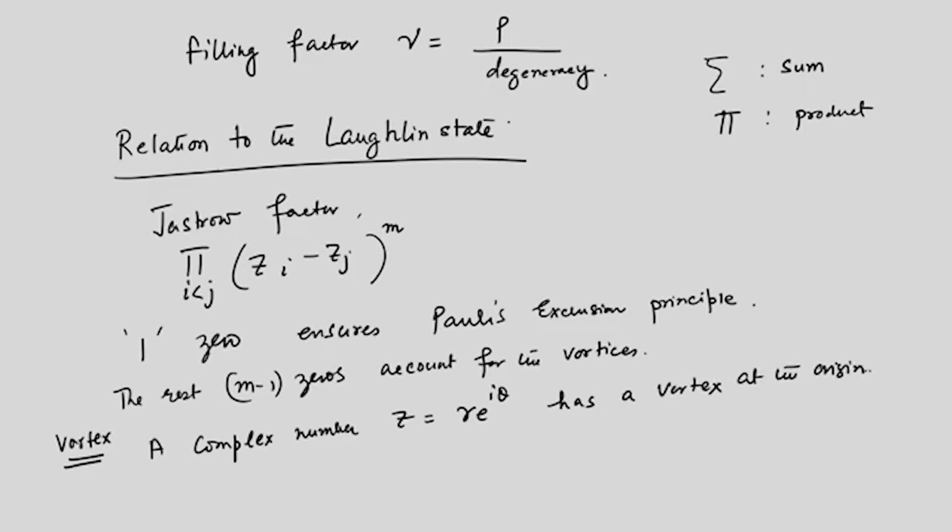Okay. So, this means that if a particle encircles this origin, it picks up a phase of 2 pi, so that theta changes from theta to theta plus 2 pi, and the complex number remains unchanged, because exponential of 2 pi i is equal to 1. Okay. So, that is the meaning.